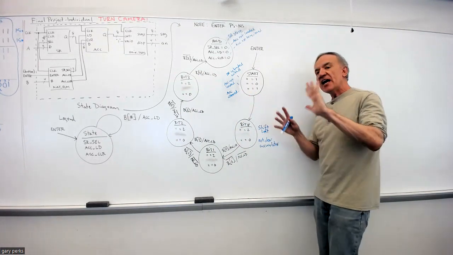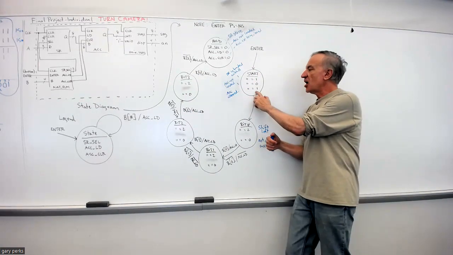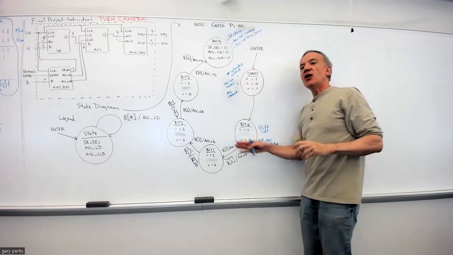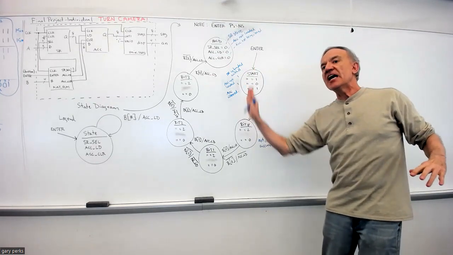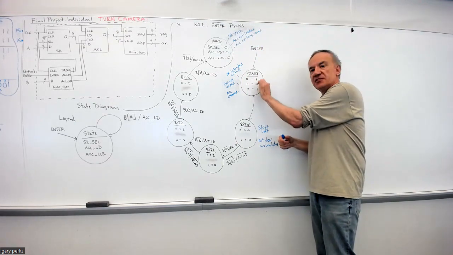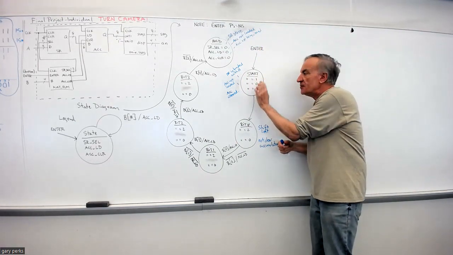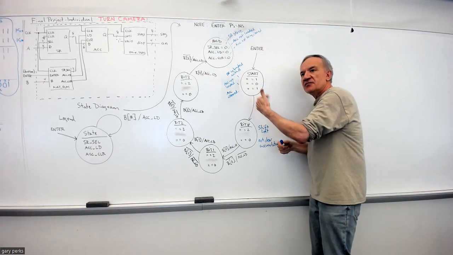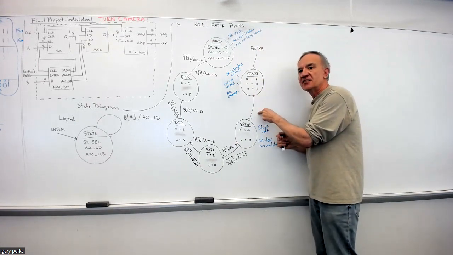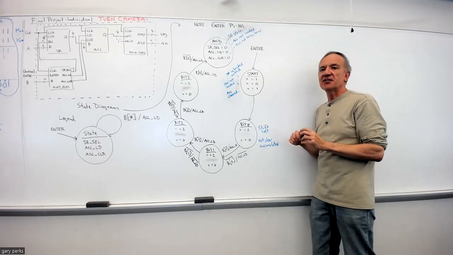So remember, when you have a synchronous input, it's not enough just to have the active value. You also need the edge of the clock. So you see, even though we have these values in this state, the shifts and the loads won't occur until we get the clock transition. And that's what I'm going to show in the timing diagram.